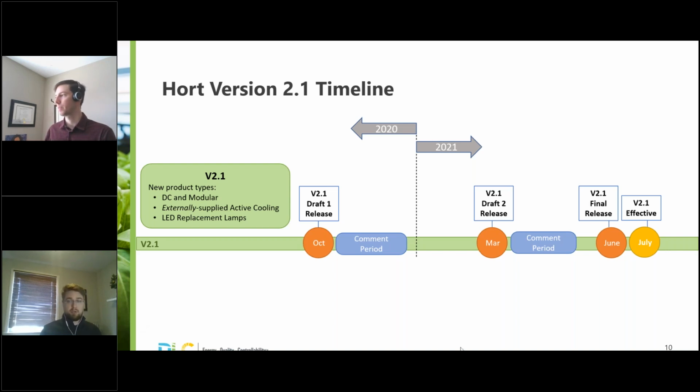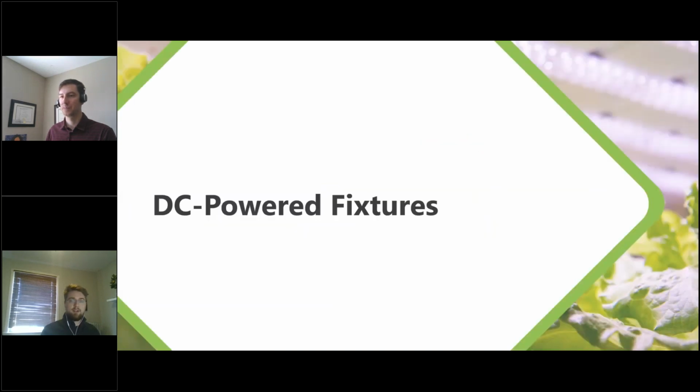On March 1st, we released draft 2, and we're about a week and a half into that comment period now, and still on track to have the final policy released in June and effective in July. As soon as July rolls around, we're planning to be accepting applications and start listing these types of products as soon as possible.